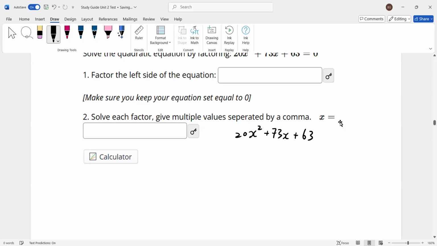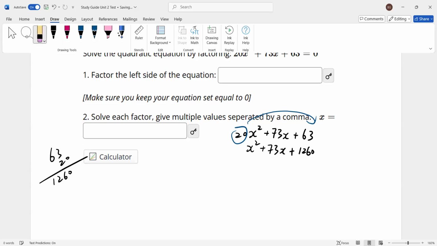So we are going to have to use the slide method. We slide the 20 to multiply with the constant. We have x squared plus 73x plus 63 times 20, which is 1260.